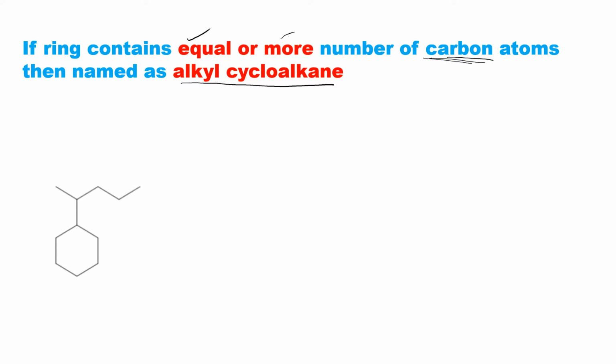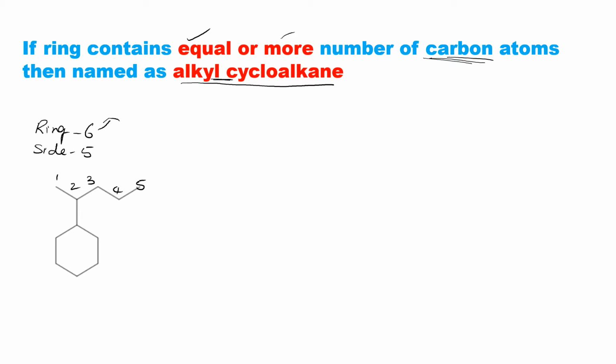This ring contains 6 members, whereas the side chain contains how many? 5: 1, 2, 3, 4, 5 carbon atoms. So here the ring contains more carbon atoms. Here, as I told you, you have to follow the rule alkyl cycloalkane.